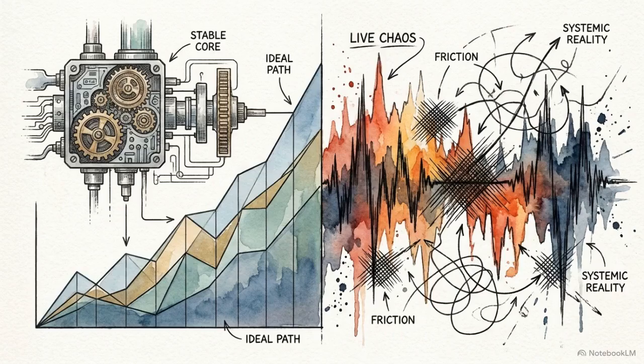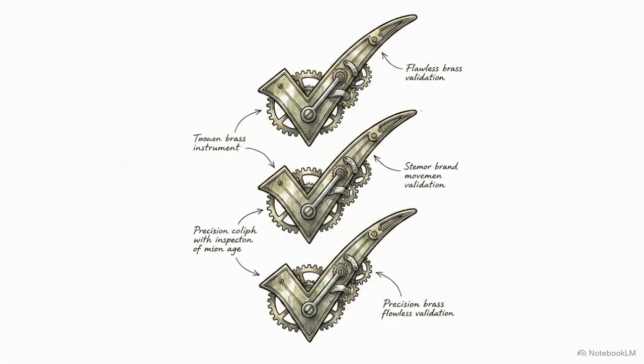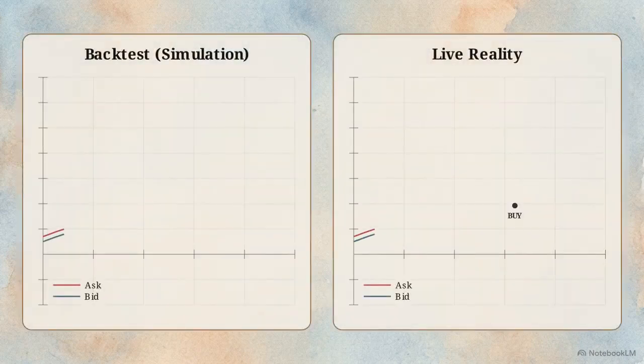The second production killer is the massive execution gap between simulated backtesting and live deployment. The strategy tester creates an illusion of perfection by using historical data with 0 friction, meaning no delays, no rejections, and perfect pricing every time. On the left, we have the tight, static bid and ask prices typical of a backtest.